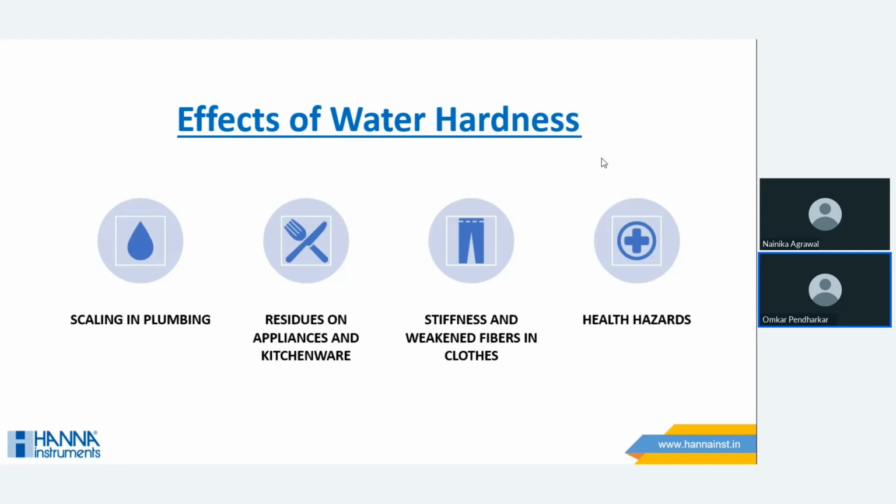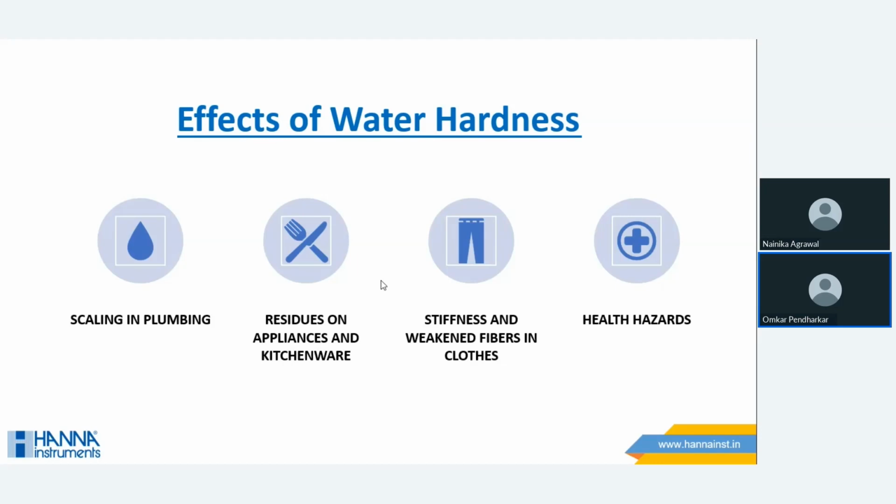The second important effect is residues on appliances and kitchenware. This is the effect of hard water in households. Hard water results in white spots or residues on the kitchenware, utensils, dishes, etc. So they have to be replaced more frequently than with normal water.